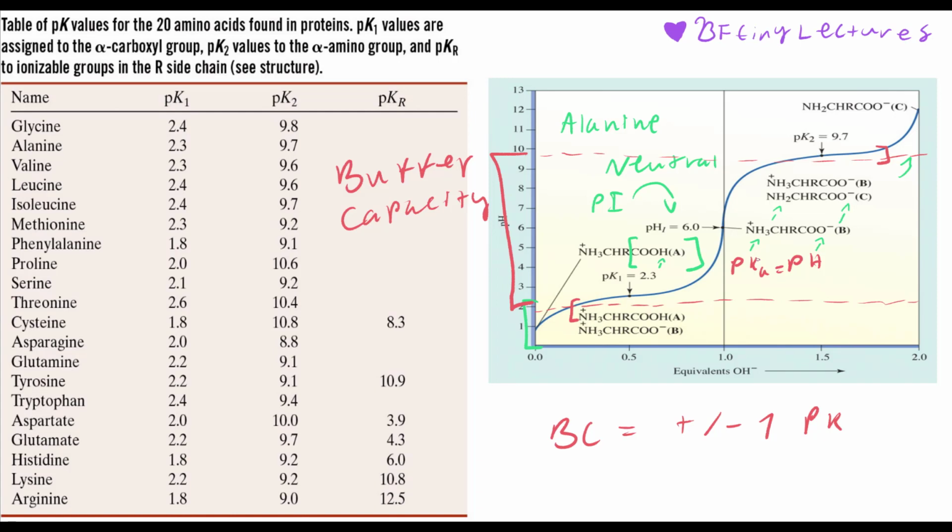So the acid is equal to the bases, therefore the pKa is equal to the pH, right? And that is literally the only location where the pKa is equal to the pH. That's very important for you to know and for you to remember on exams.